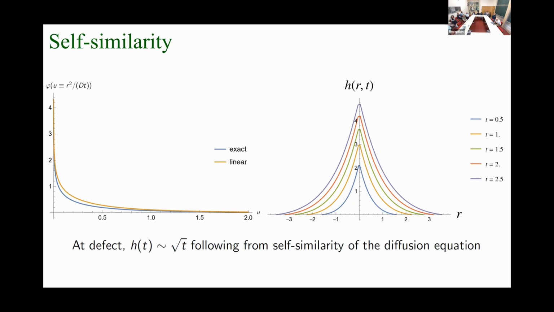This follows from the diffusion equation type thing. So this is another prediction that we're making: if there's a topological defect and something is growing from it, it should grow like a square root.